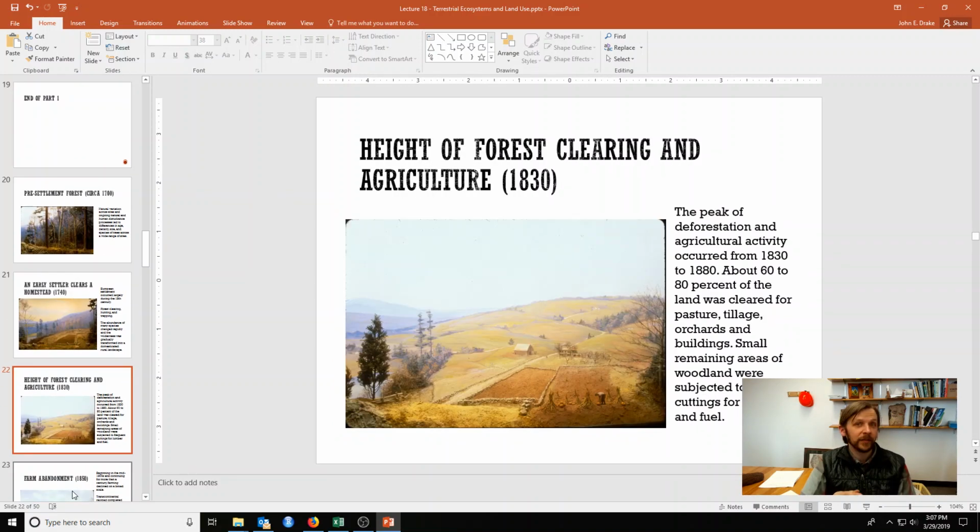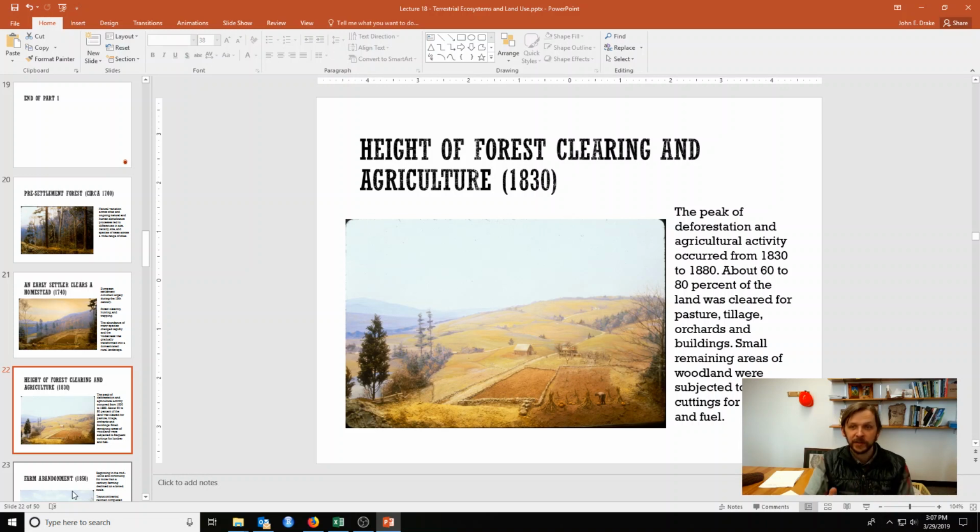In about the mid 1800s, here shown in the 1830s, this process has occurred quite widely and extensively, where a very large fraction of this forested landscape had been cleared and used for farming. So this landscape has changed. The family farm is still there, but is now surrounded by a landscape of many other family farms.